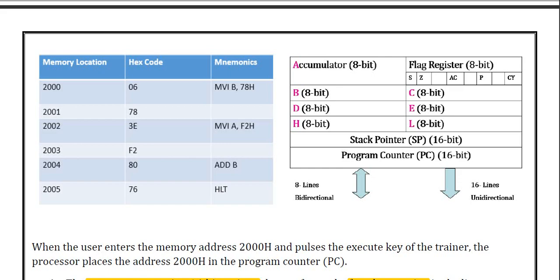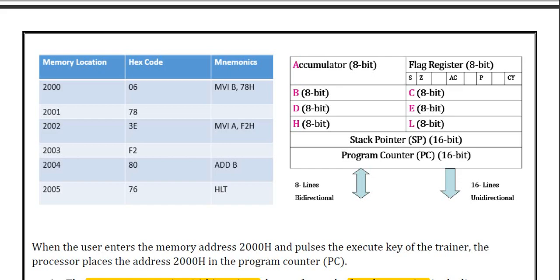Your memory location starts from 2000, and in 5 steps it goes to 2005. Here the hexadecimal codes are occupied, and these are the mnemonic codes for those instructions. This is the programming diagram that we studied in earlier sections.